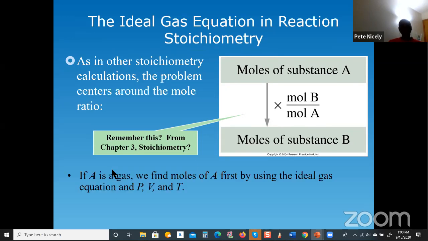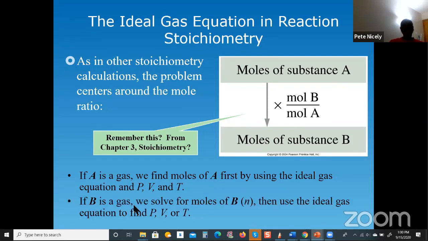Now, as far as gases are concerned, we have to use the ideal gas equation. So the ideal gas equation is PV equals nRT, right? So basically, if we're given a problem where we're given P, V, and T, and of course you know what R is, then you'd have to use the ideal gas equation to find the moles, and then you do the mole ratio calculation, and then whatever the question is asking for, you go ahead and solve the problem that way, right?